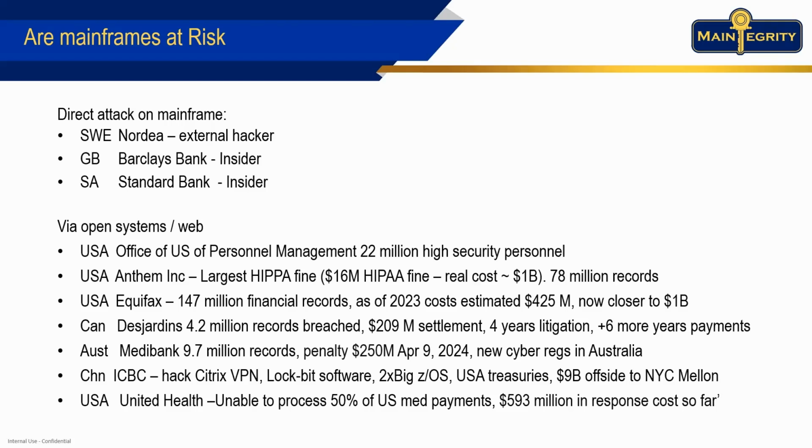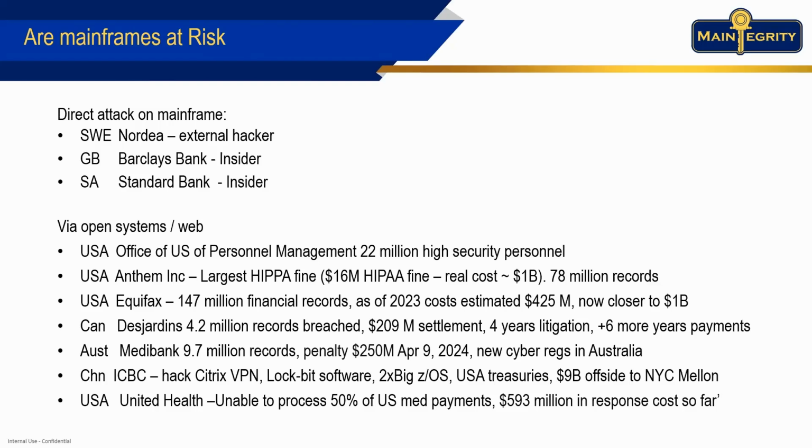So where do these attacks that are really famous, where did they take place? They take place on the mainframe, revealing mainframe information, impacting mainframe functions. A really good example of that is the one that is still ongoing at United Health.